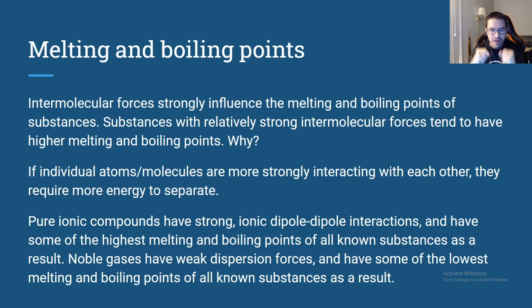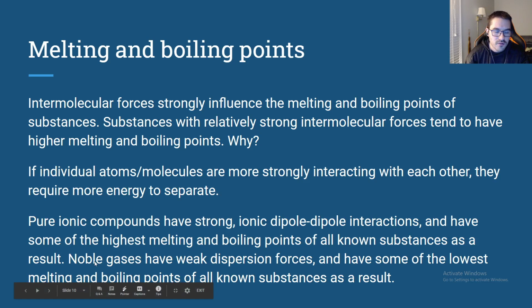Strong ionic interactions, Coulombic electrostatic interactions. Those really, really strong interactions keep ionic compounds as solids at extremely high temperatures. Pure ionic compounds have some of the highest melting and boiling points of all known substances, and it's because of those really, really strong interactions.